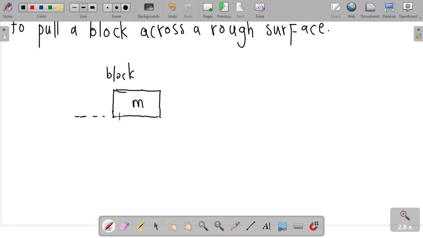It's on the floor here, or we can say it's on the ground, and it is being pulled to the right, like that, by a boy.